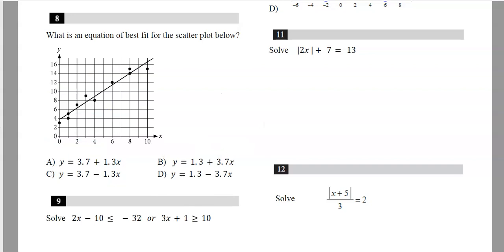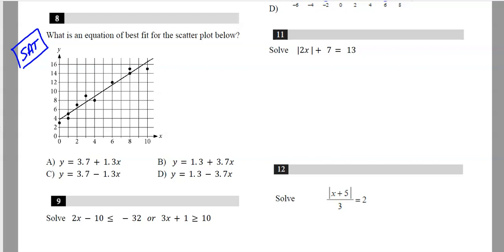What is the equation of best fit for the scatter plot below? So, a pretty tight line. We don't need to know anything about R values. This was actually an SAT question that I took from one of the practice SATs. A couple of things I see here: I'm looking at all these lines and at the slopes.